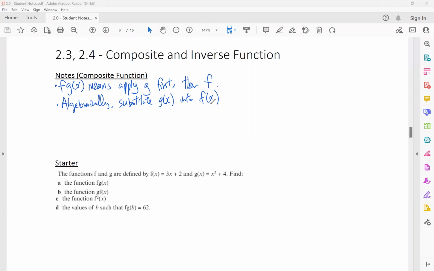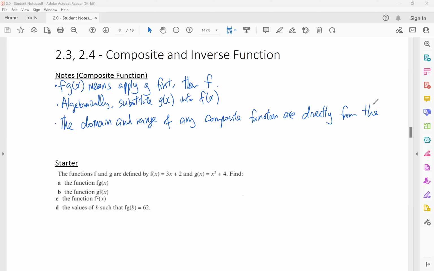Right? The domain and range of any composite function are found directly from the composite function itself.